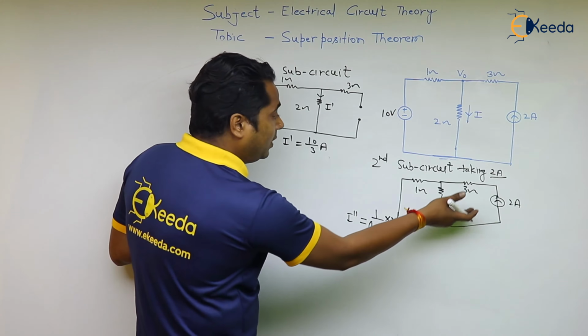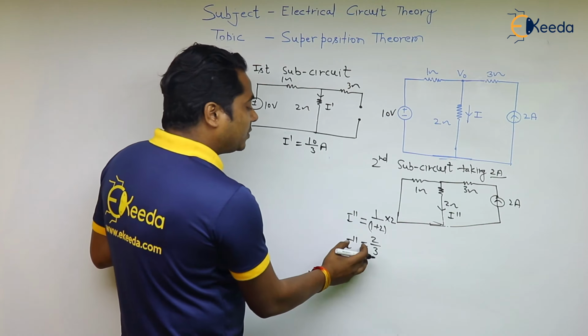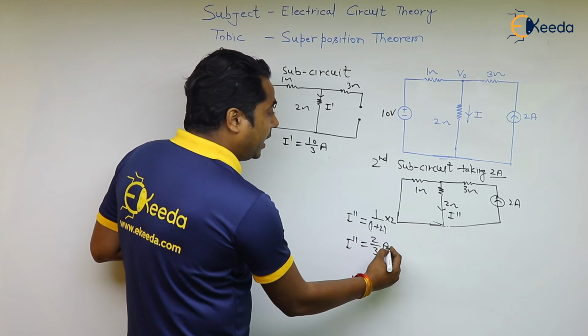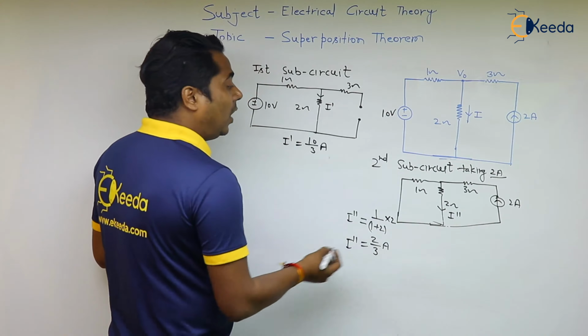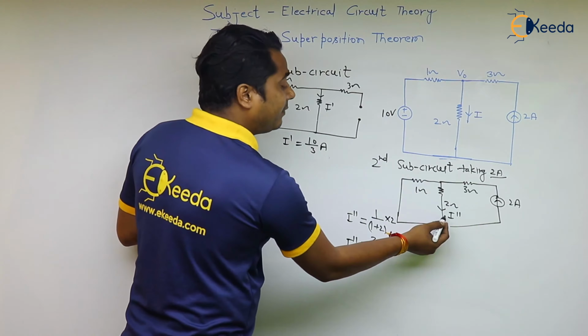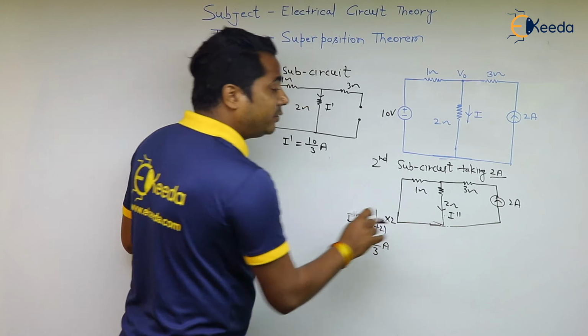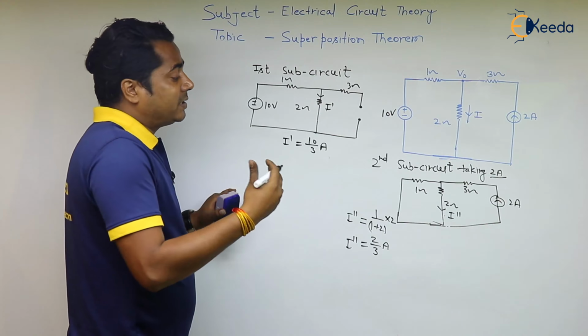And all the currents are going down. I double dash is equal to 2 by 3 ampere, and we can see that whether I dash or I double dash, we have calculated it in the downward direction. So we have to keep the algebraic sum.